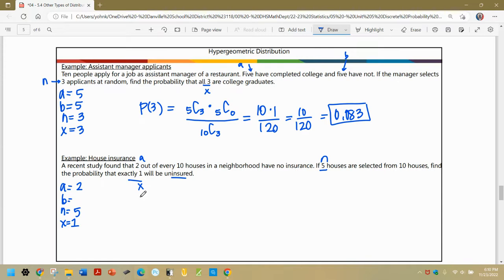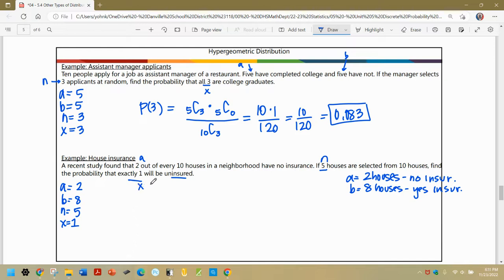And our B value is going to be 8. So if 2 houses are no insurance, then 8 houses are. So I'll put this over here. So 2 houses, no insurance. 8 houses, yes insurance. And so that's how we came up with the A and the B.